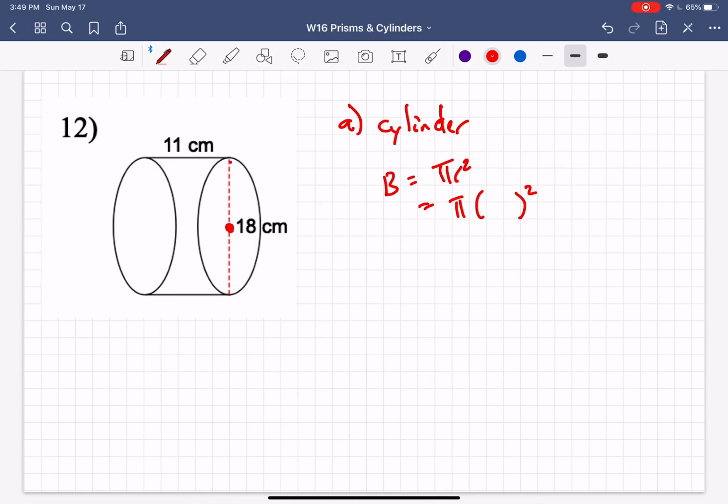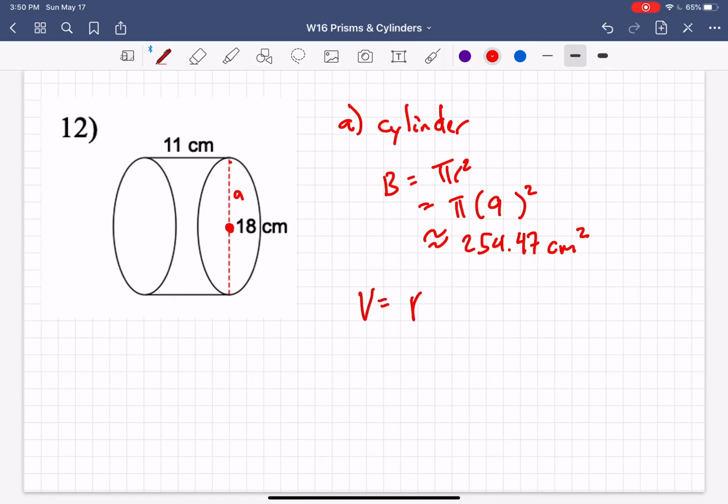Here's our center, so that means half of that is 9. So we'll get in our calculator when we do that, we get 254.47. Our units are centimeters, so squared for the area.